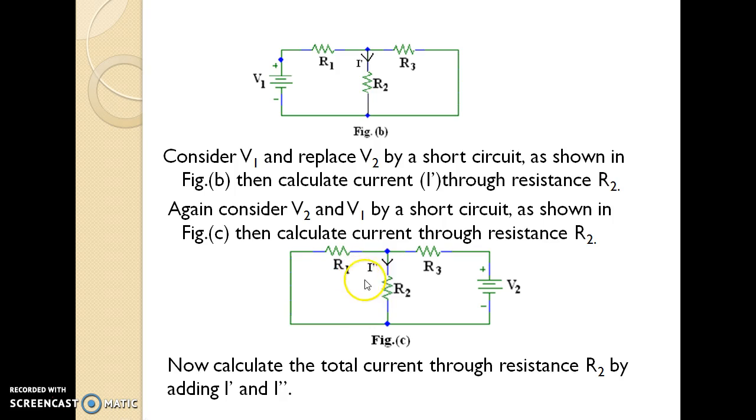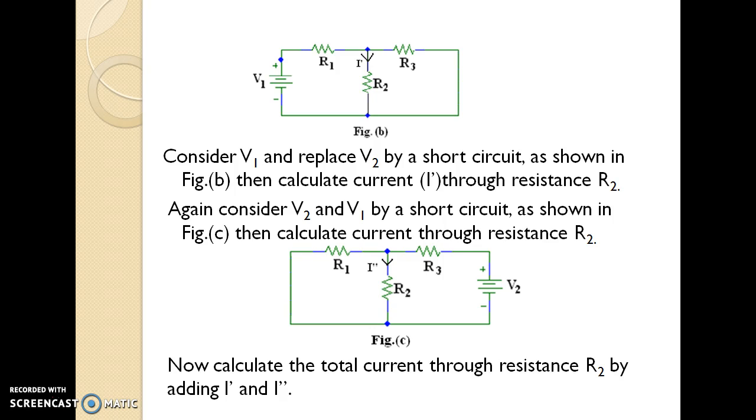Then we get a current known as I double dash. Now the superposition theorem states that we have to add the two currents, I dash and I double dash. Then we get the total current through the resistance R2.